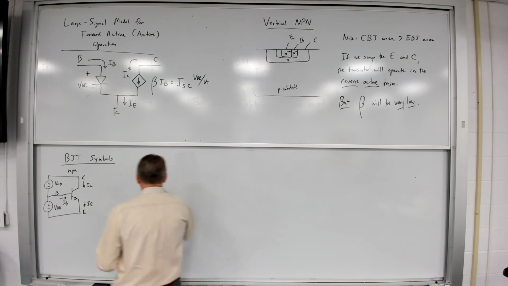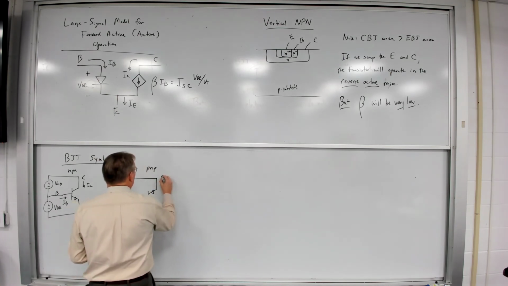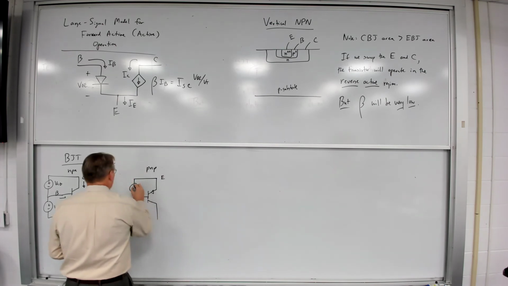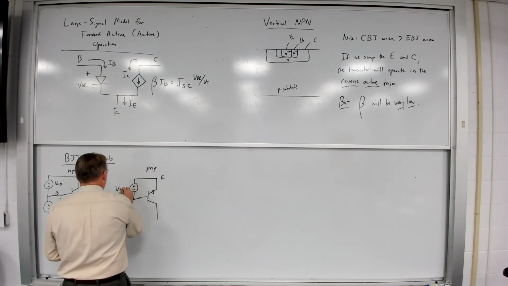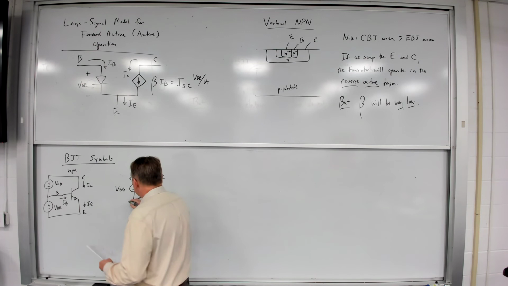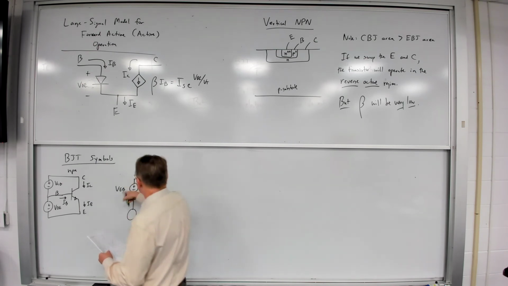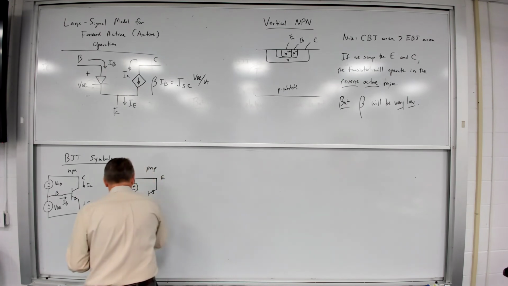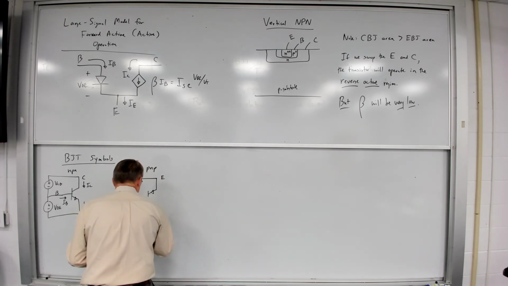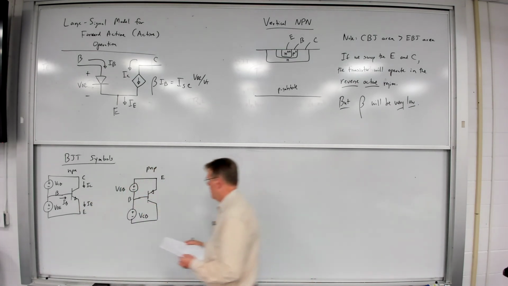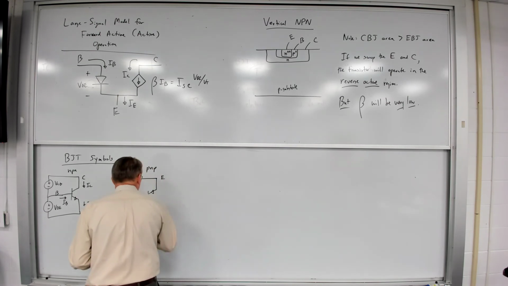For the PNP, we have VEB, the voltage between the emitter and the base, and VBC, the voltage between the base and the collector, excuse me.